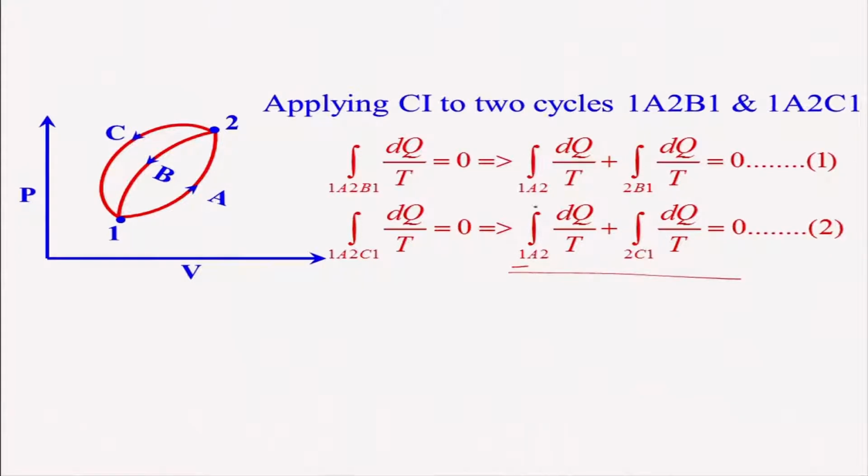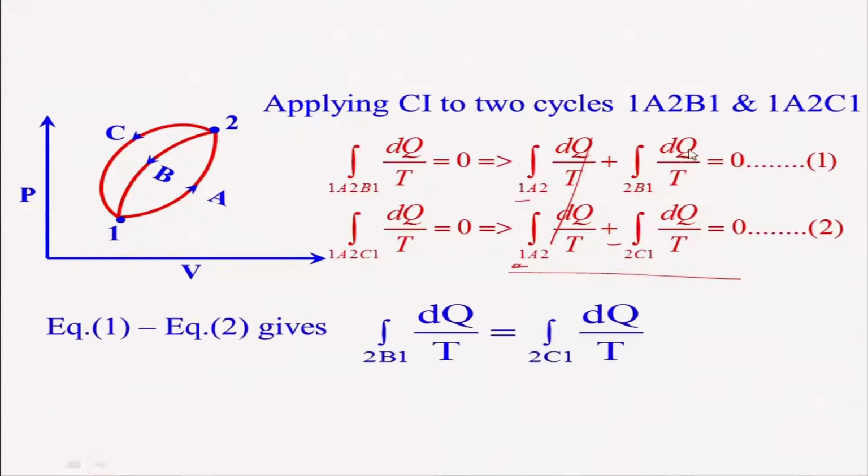If we just subtract this, the 1 A 2 term will cancel out, and this is minus, right. So, we will say that dq by T for path 2 B 1 is equal to dq by T for the path 2 C 1.